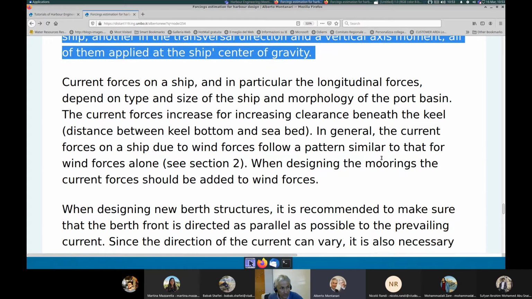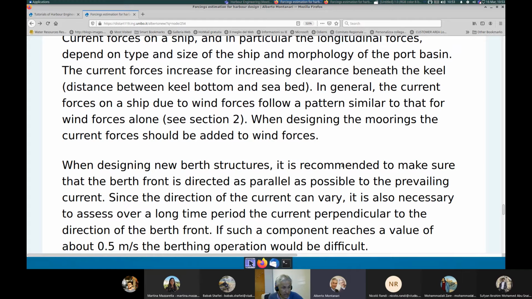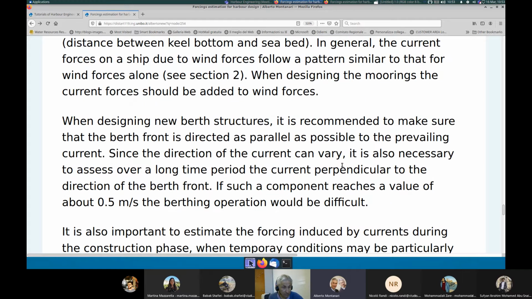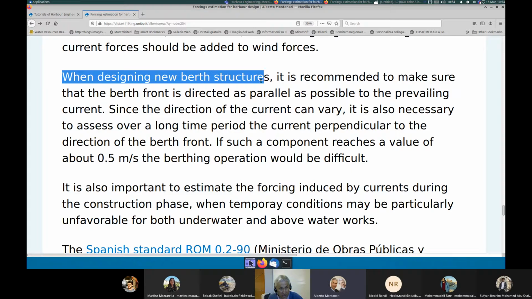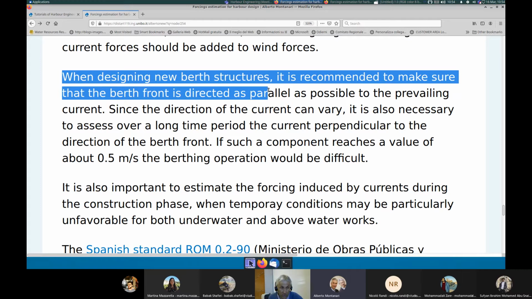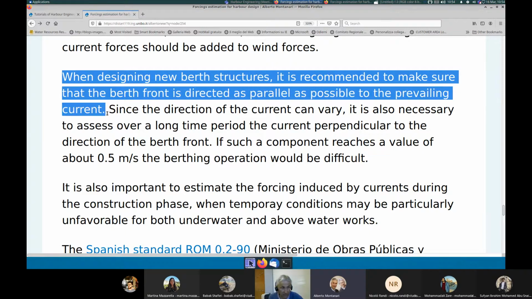Now, let's say that that's it. The last thing that I can say is that when you have to design a new berth structure, if you have flexibility in the design, of course, it is recommended to make sure that the berth front is directed as parallel as possible to the prevailing current.